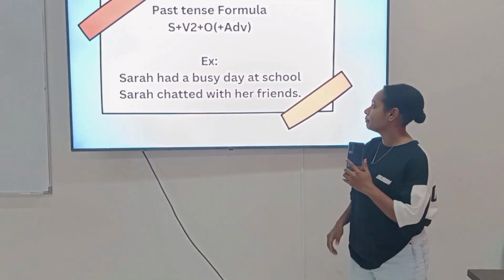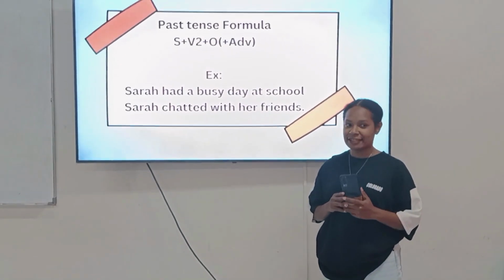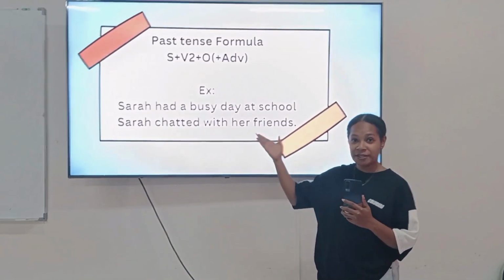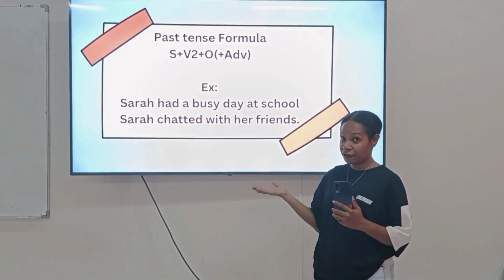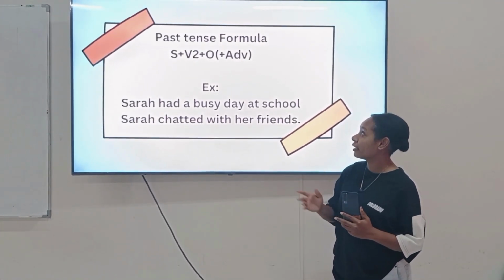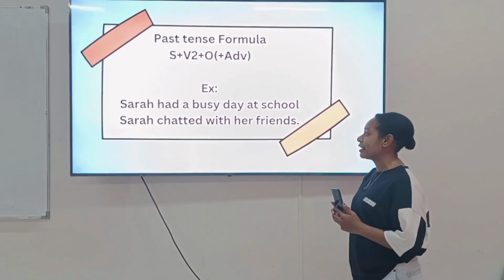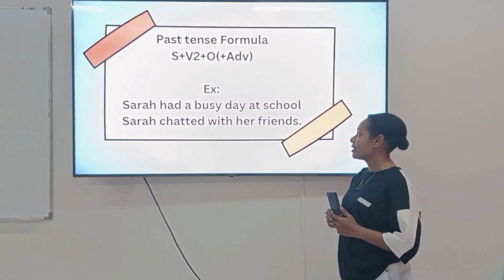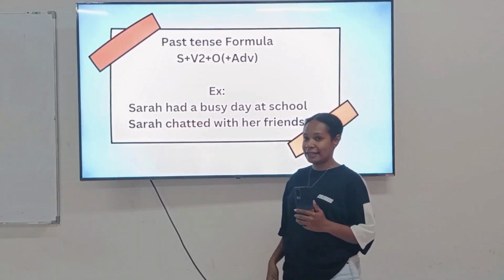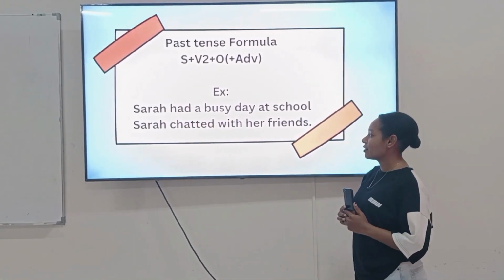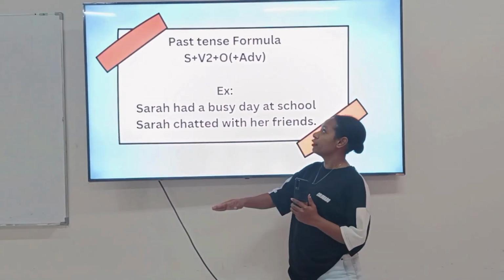Okay, so the formula for the past tense is we have subject and then the verb two, or past verb, and then we have object and adverb. So here's the example. As you can see, Sarah had a busy day at school. So the verb is had, for past. And then the second one is Sarah chatted with her friends. So we have chatted for the verb two form.